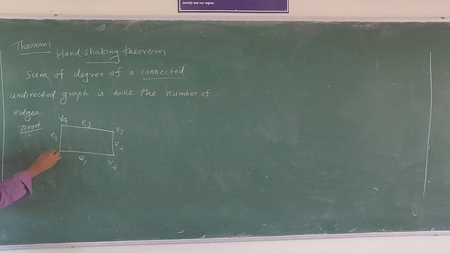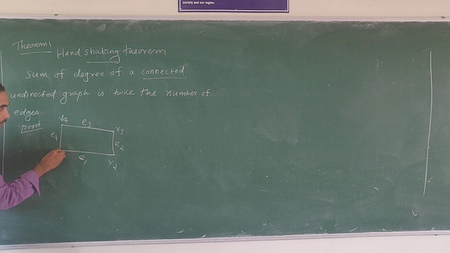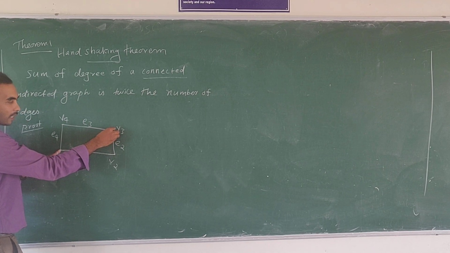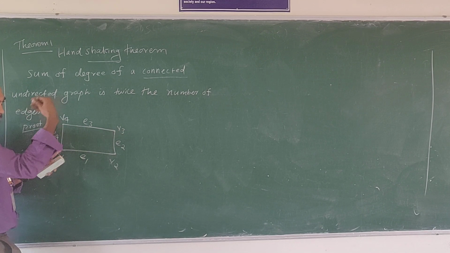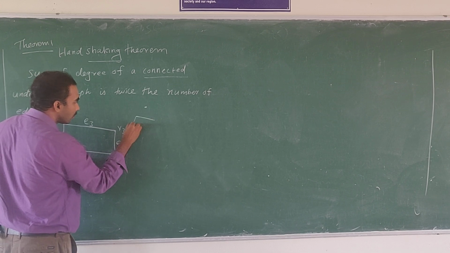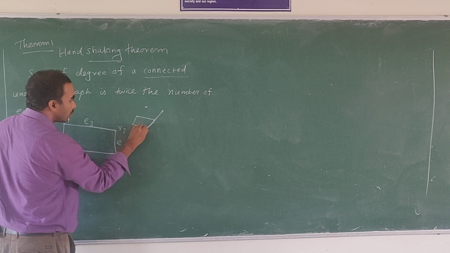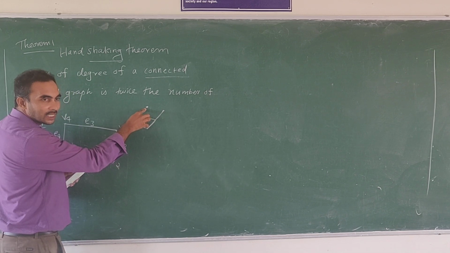Connected graph means it should have a path from V1 to any vertex. V1, V2, V3. So from V1 we can reach any point. This is called a connected graph. Not connected means this is not connected because one vertex comes alone.